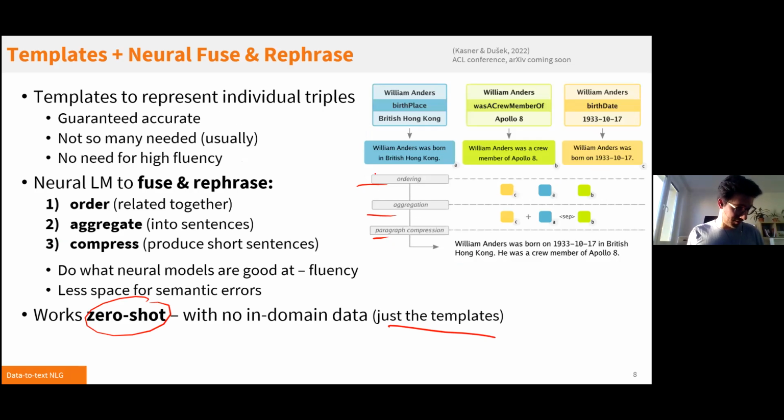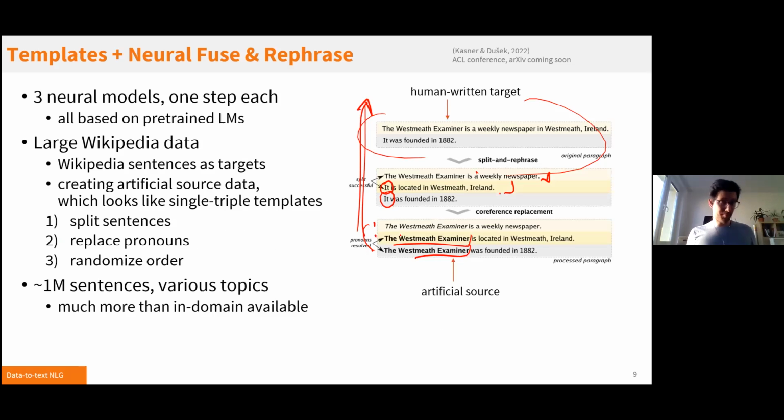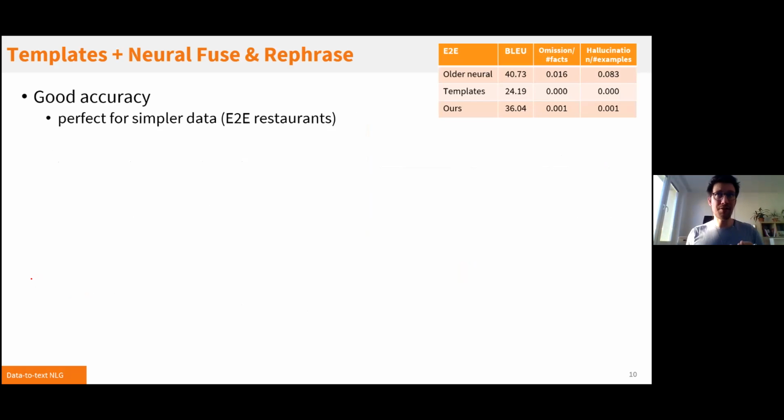Then we can train models to do ordering, aggregation, and paragraph compression. We just took about 1 million sentences from Wikipedia. We could even take more, but this was just about enough for our computation needs, and this is much more than you can ever get for a specific domain. What we get is pretty good accuracy, which is perfect in a simple domain.